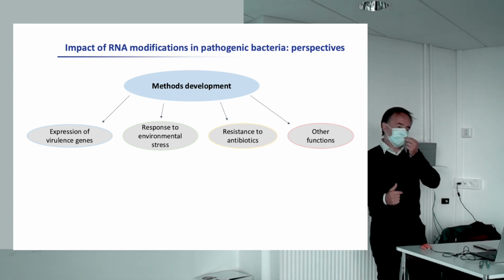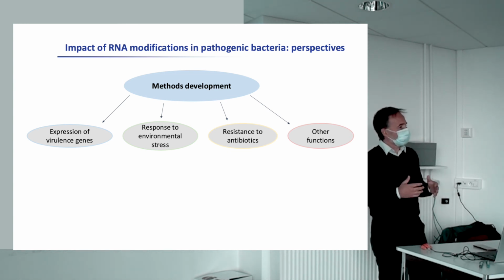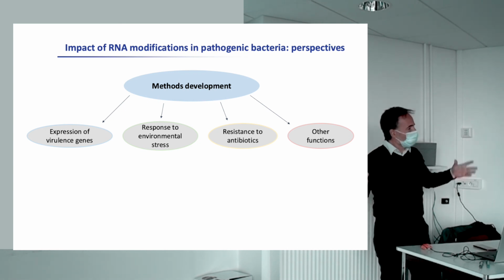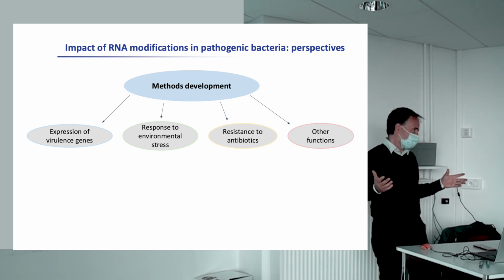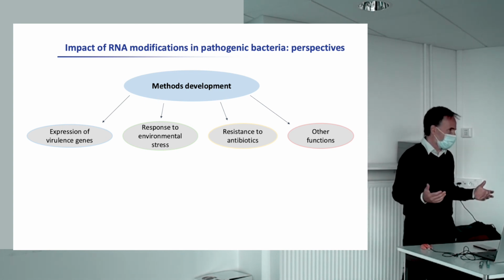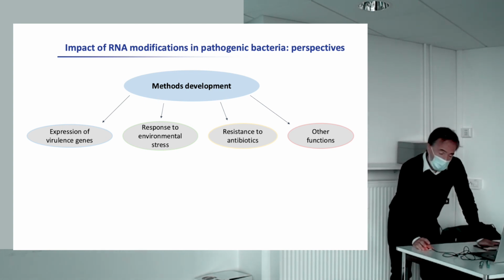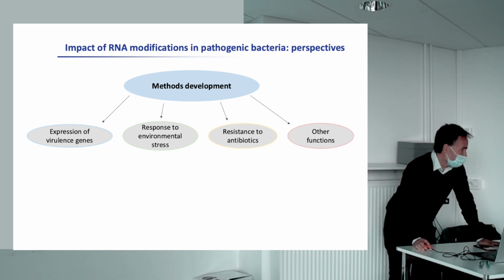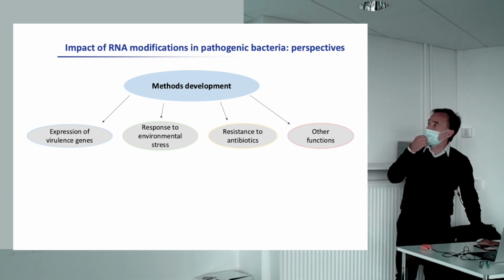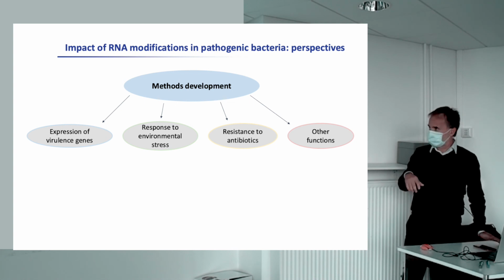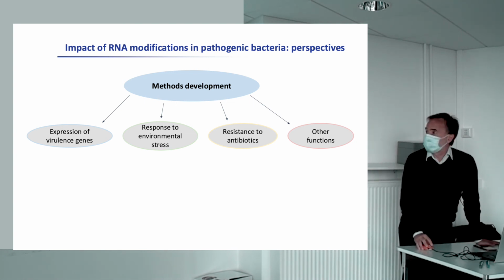So those methods really allow us to look for specific modifications on the whole transcriptome of the bacterial cell, so also messenger RNA and other RNA species. And so most likely this field is in expansion, so we will see more and more examples of the impact of modification on the pathogenicity of bacteria, and how they use this modification to adapt to the host.